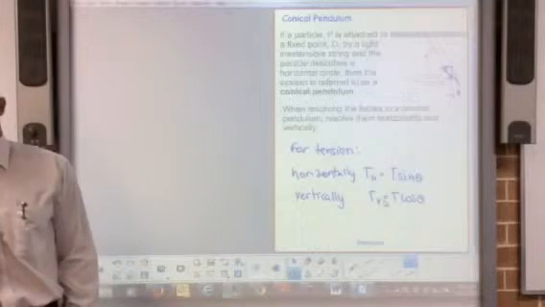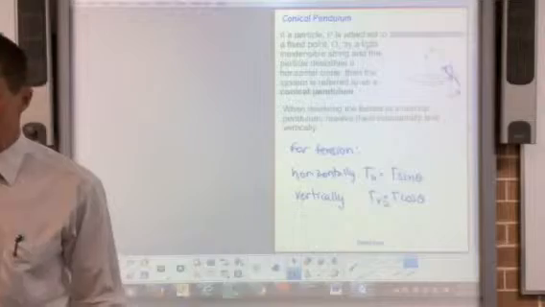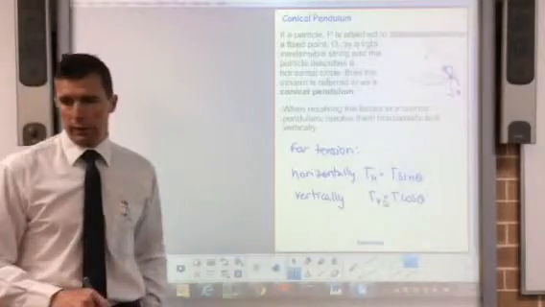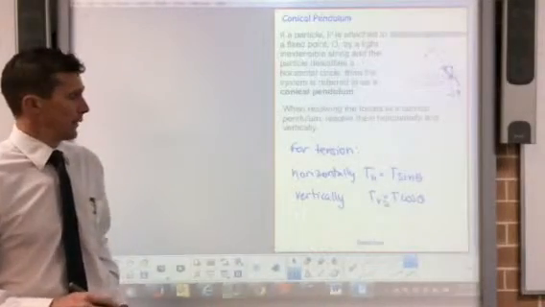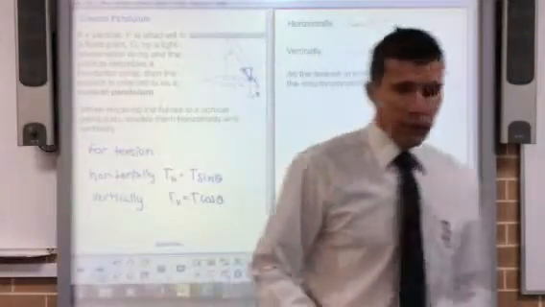Okay? So once we have those two components of the tension, we can then apply that with the force due to gravity to work out exactly where the particle is going to hold.